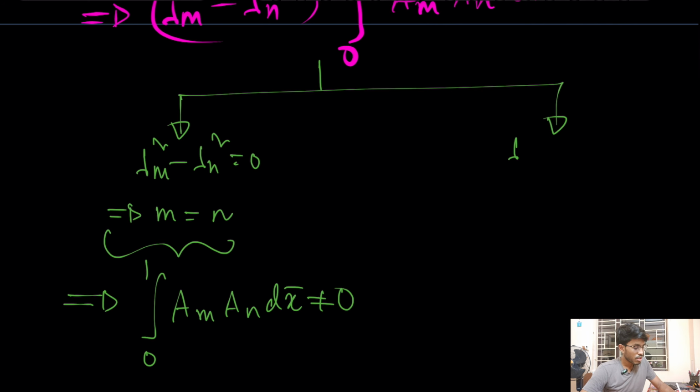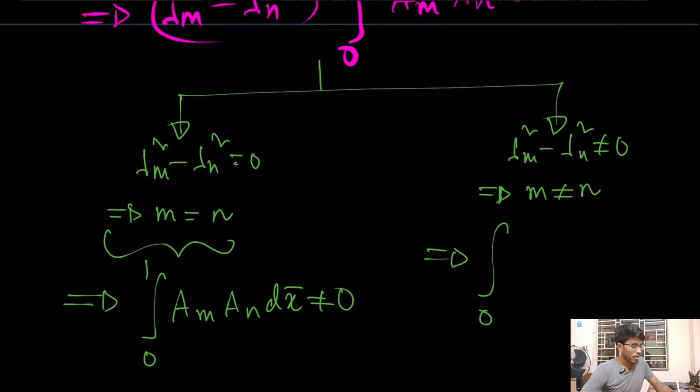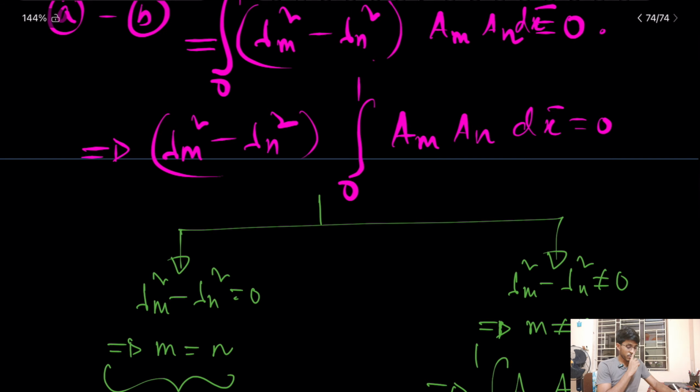But if m is not equal to n, then I will surely have this thing as 0.